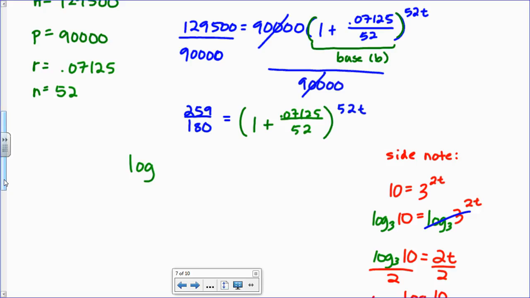Just don't forget what b is, because eventually you'll have to use it. I'm going to write it down here: log base 1 plus 0.07125 over 52.